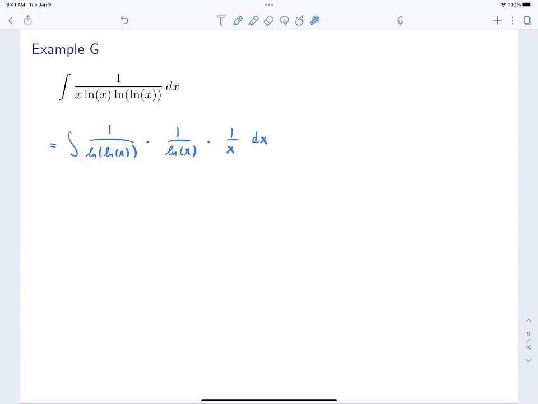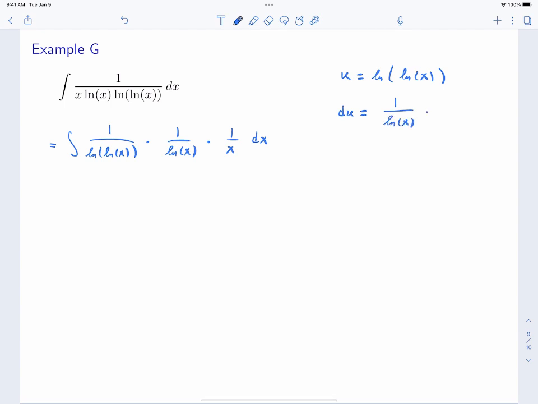But what am I going to let be equal to u? I'm actually going to let u be equal to this composition ln of x. Okay, that's what I'm going to do. So u is equal to ln of x. So what happens if I differentiate that to find du? Well, it's ln of something. So the derivative of ln of something is 1 over that thing.